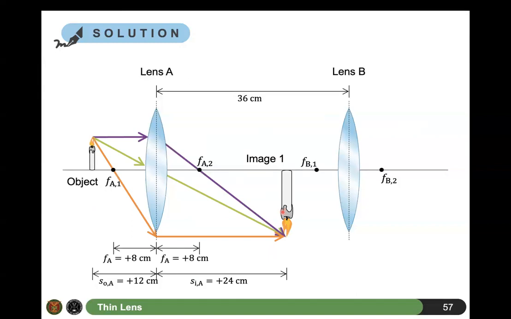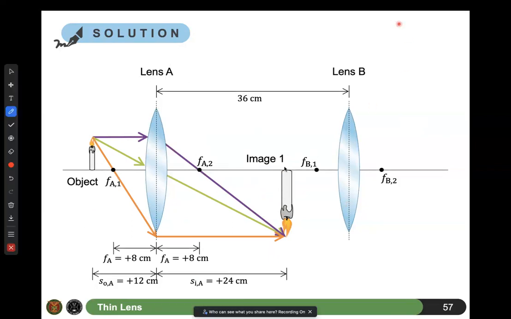Okay? Now, with respect to lens B, ito na yung magiging object to the lens B. Kung ano yung image ng lens A, yun yung magiging object sa lens B. Therefore, yung distance, yung SO for the lens B will be this. So that will be 36 minus 24, and this is just 12 centimeters. Okay?